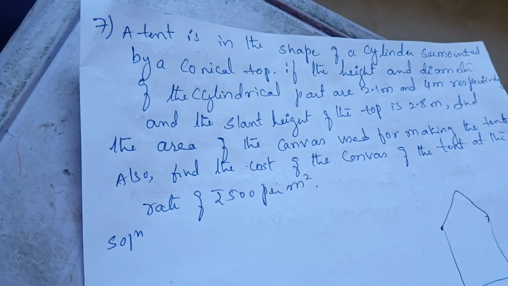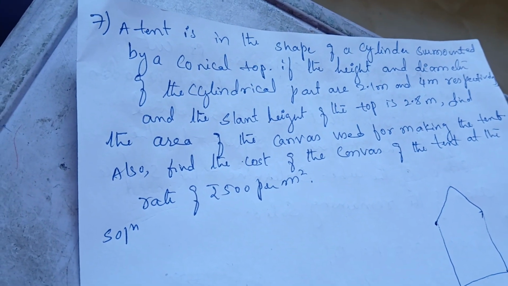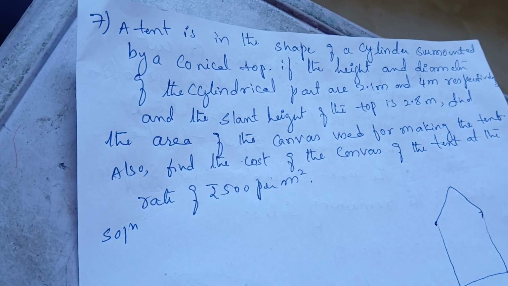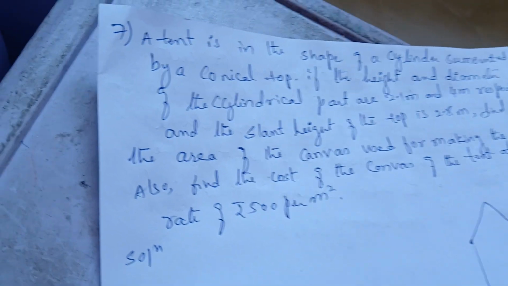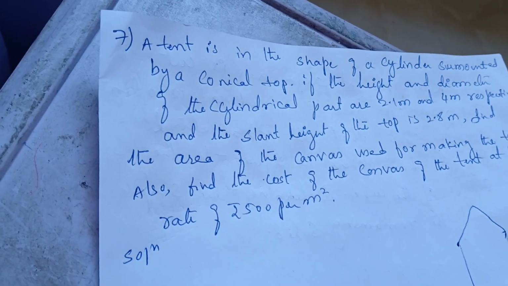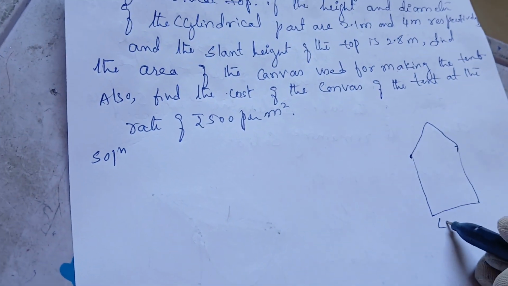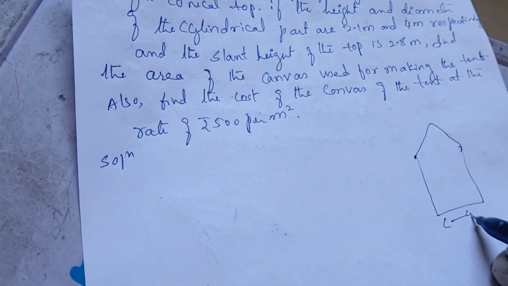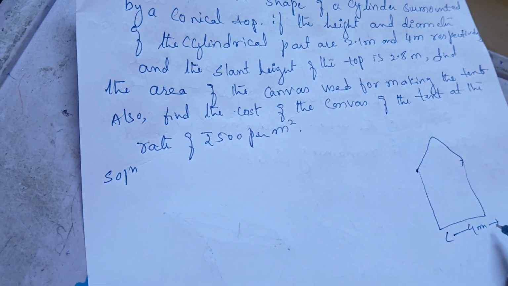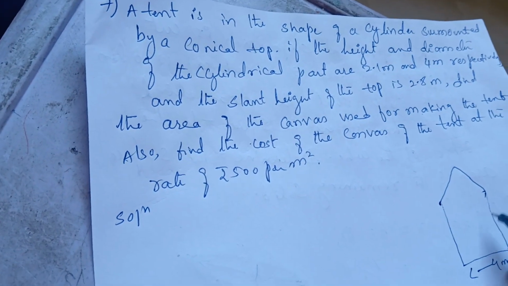If the height and the diameter of the cylinder part are 2.1 and 4 respectively, so both the conical top and cylinder have the same diameter, and the height is how much?